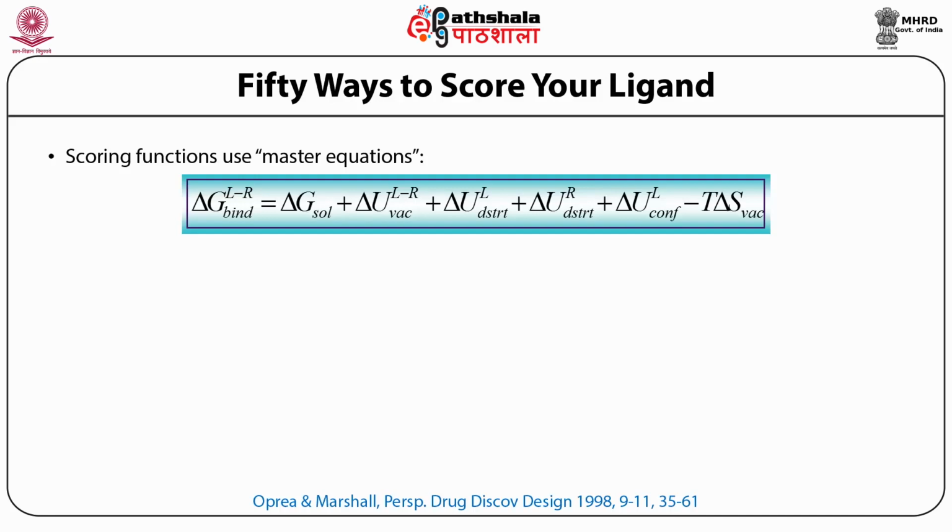Ligand binding to the receptor should be equivalent to the loss because of solvent, the energy loss as the ligand goes from vacuum to solvent, then the interaction between the ligand and the receptor when the ligand is in a restricted conformation, the receptor's energy also is counted, and then how many conformers in free solution the ligand can have, minus the T delta S, which is the value for the vacuum.